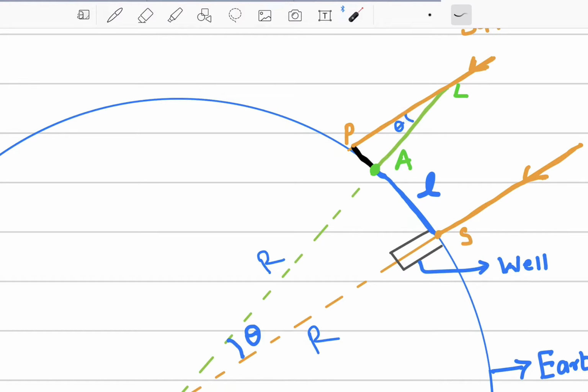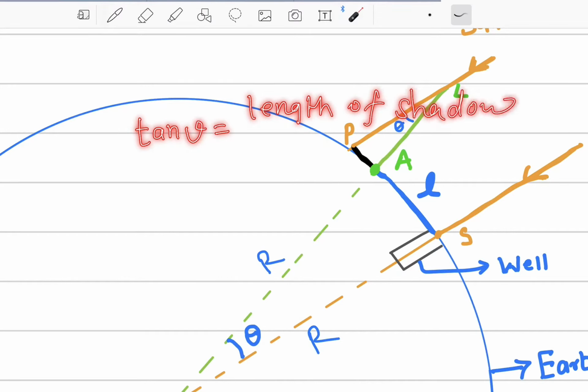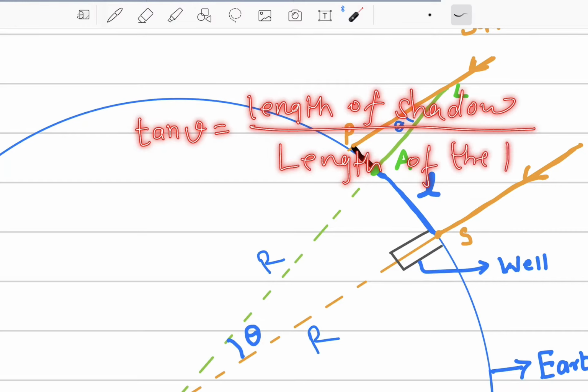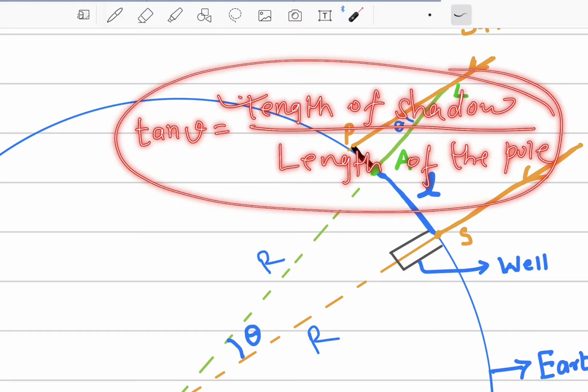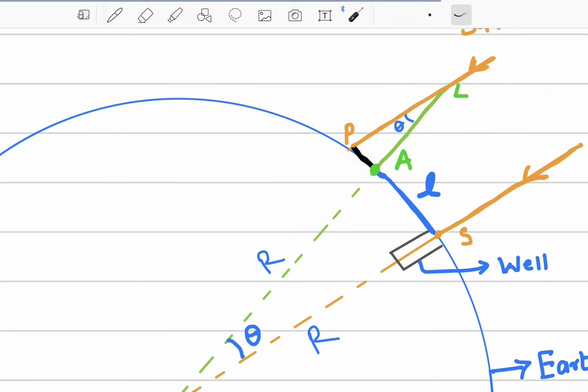Tangent theta here would be the length of the shadow divided by the length of the pole. He knew the length of the shadow, he measured it, and he also measured the length of the pole. From this observation, he calculated this angle theta.